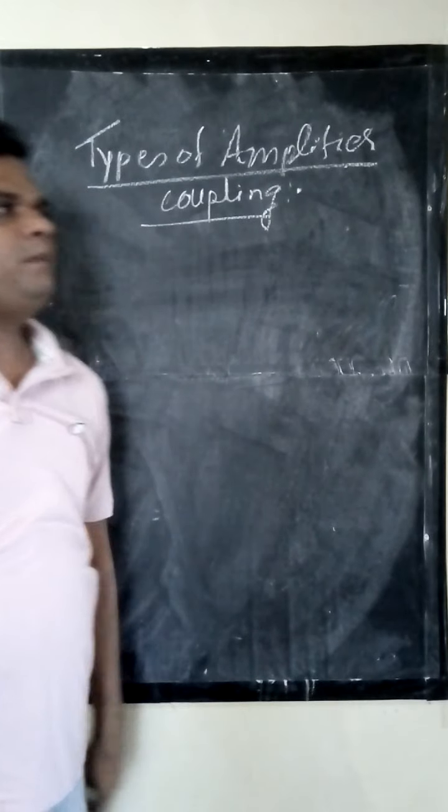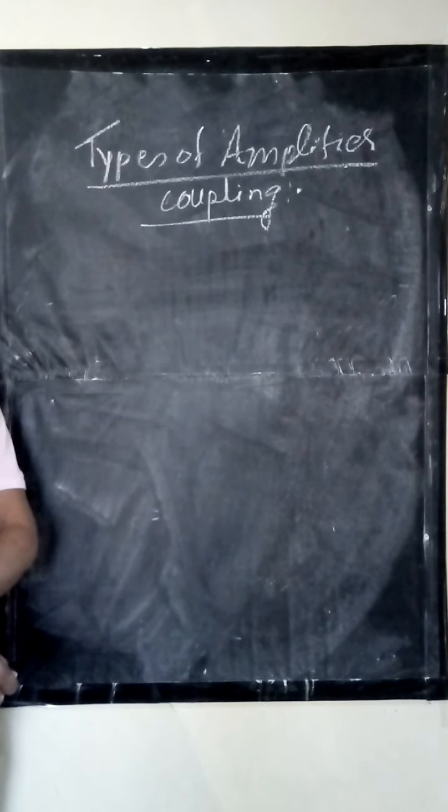So in amplifiers we are using various types of coupling. Which are they?